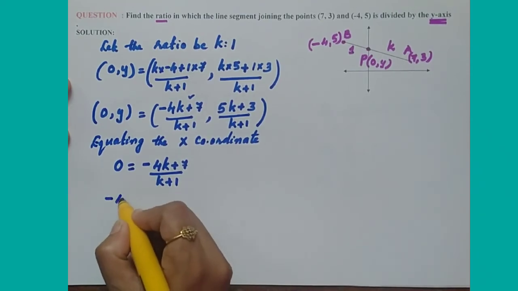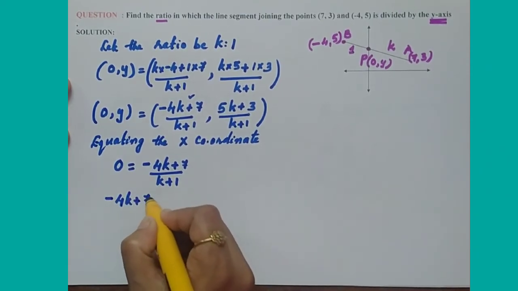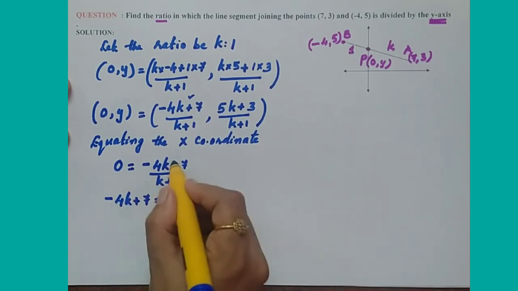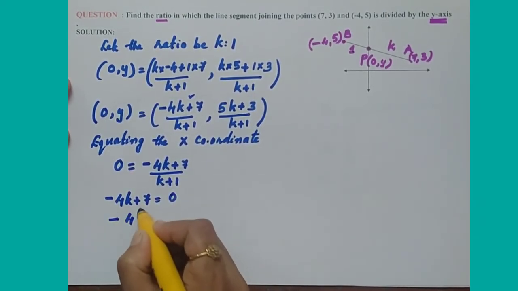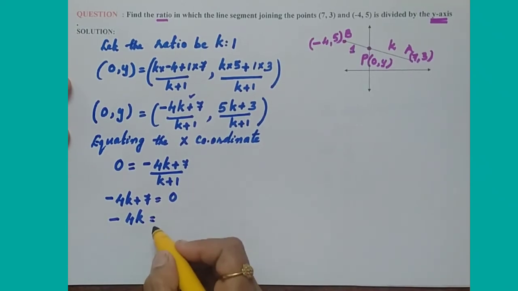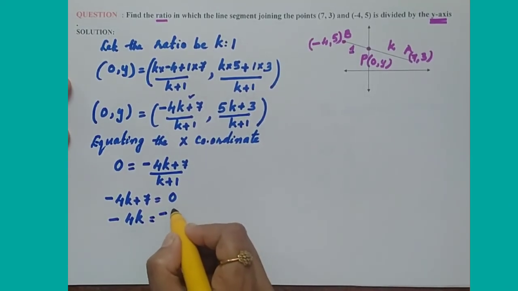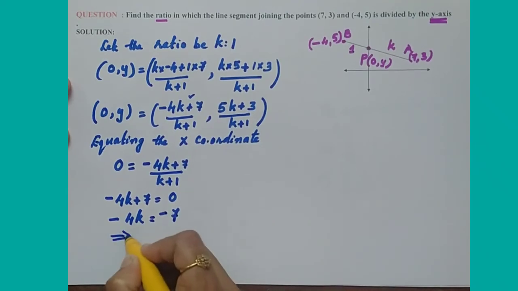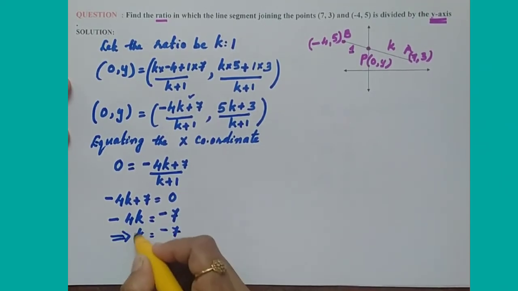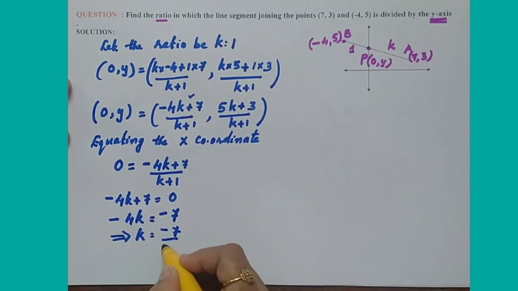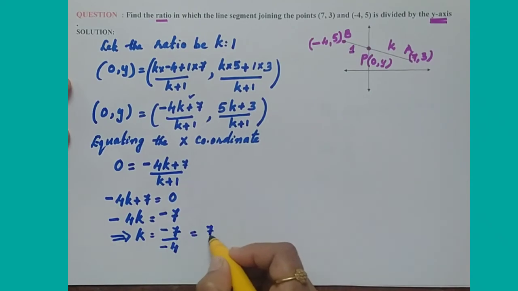So, minus 4k plus 7 equals 0. So, minus 4k equals minus 7, which implies k equals minus 7 divided by minus 4, equals 7 by 4.